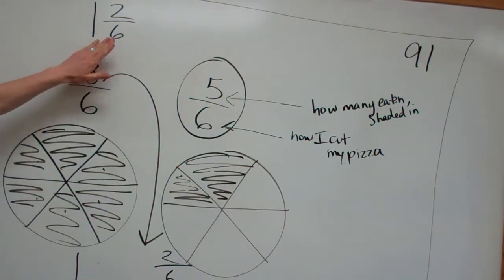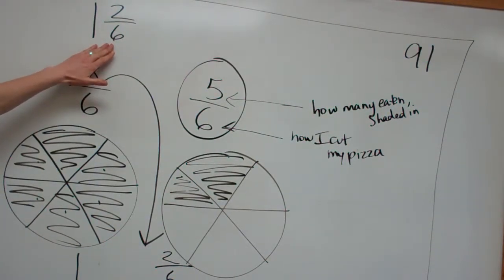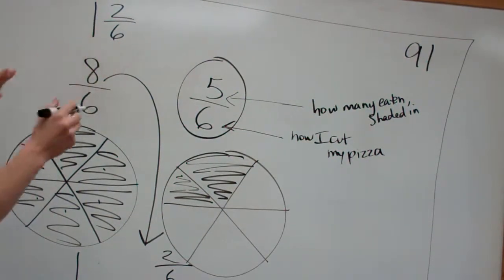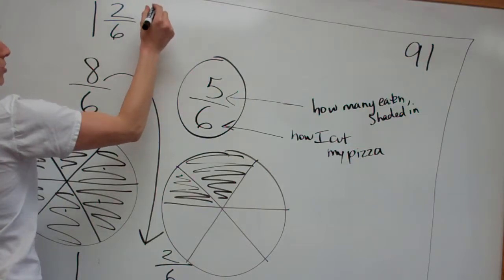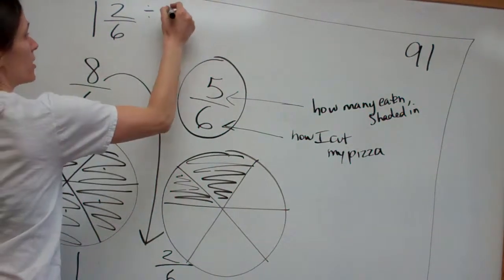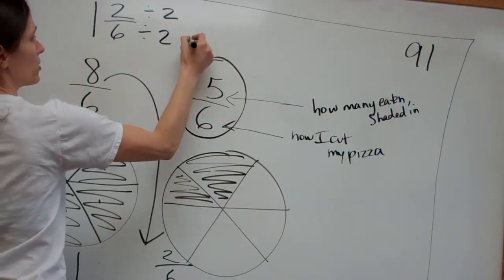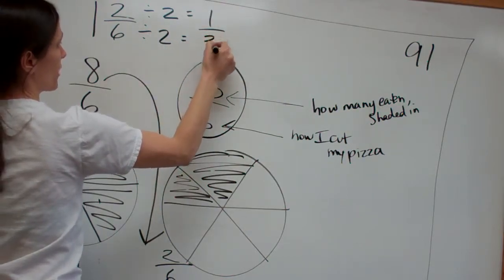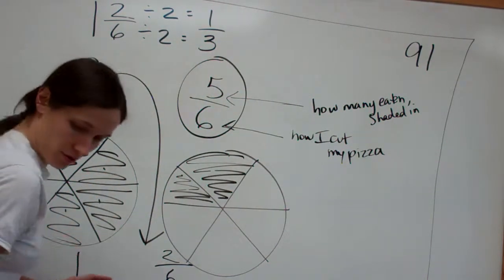Can I simplify this? Yes. What will 2/6 reduce to? 1/3. Did you tell me to divide by 2? I'm going to divide by 2, and 2 divided by 2 is 1, 6 divided by 2 is 3. So my final answer is 1/3.